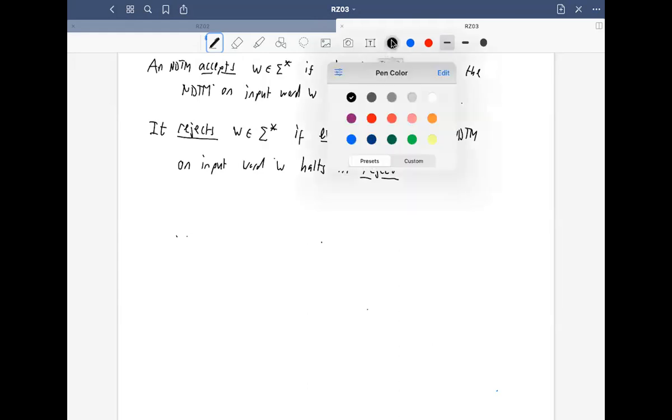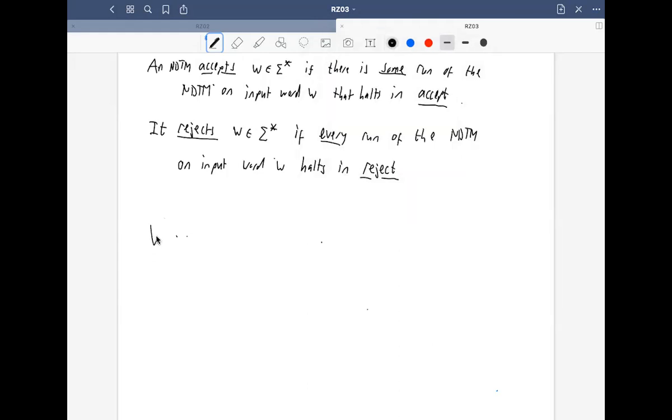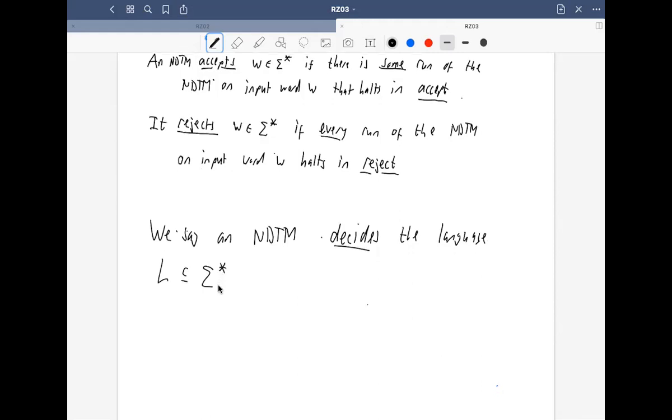So we say, an NDTM, a non-deterministic Turing machine, decides the language L, which is just a set of words over the input alphabet.